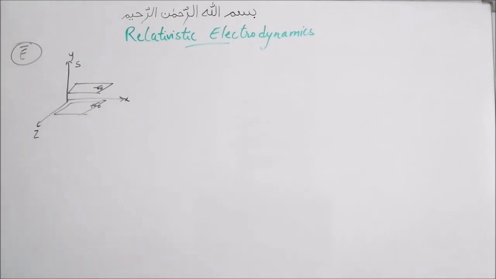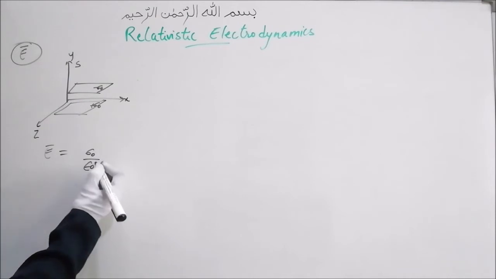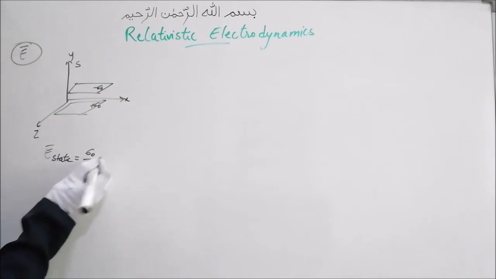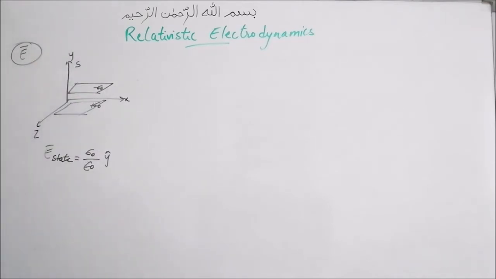The uniform electric field in the region between the plates of this large parallel plate capacitor will be sigma naught upon epsilon naught. We'll call this E static. E static will be sigma naught upon epsilon naught in the minus y hat direction in the region between the plates.